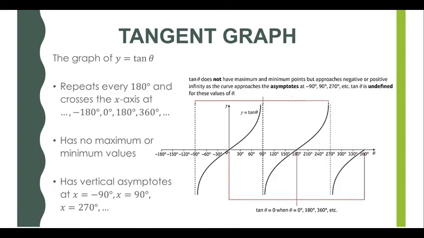It crosses the x-axis at minus 180, 0, plus 180, 360, and so on. It doesn't have a minimum or maximum value, but it has asymptotes, so these vertical dotted lines are minus 90, 90, and 270, which are lines that the graph gets closer and closer to, but never touches.